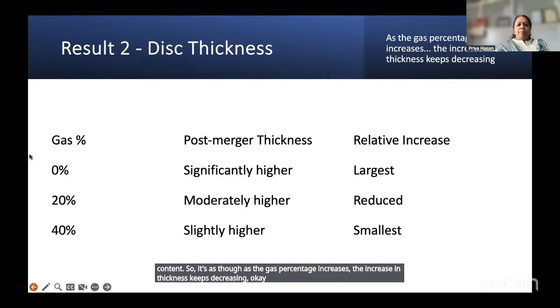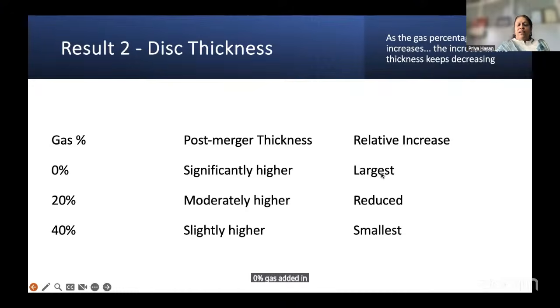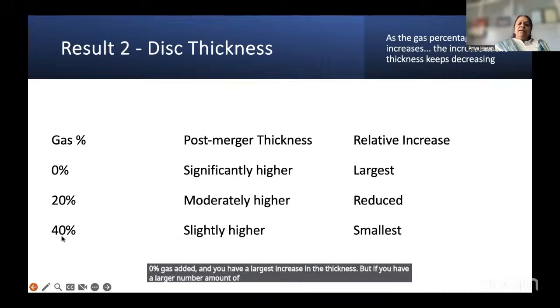Typically, if you had 0% gas added in, you would have the largest increase in thickness. But if you have a larger amount of gas, you basically have a thinner disk compared to the one with lesser gas content. So it is the smallest when your gas content is the largest.